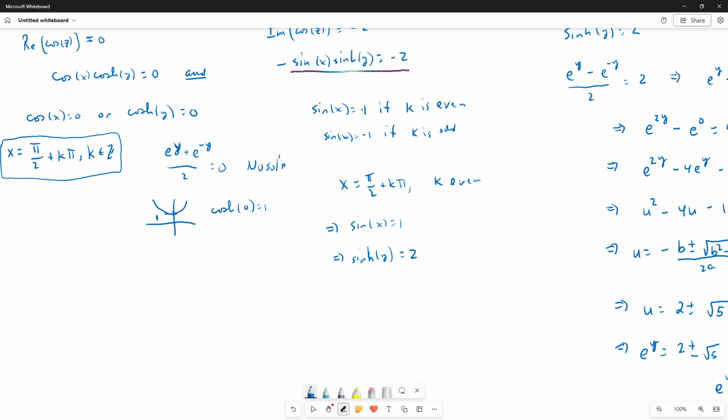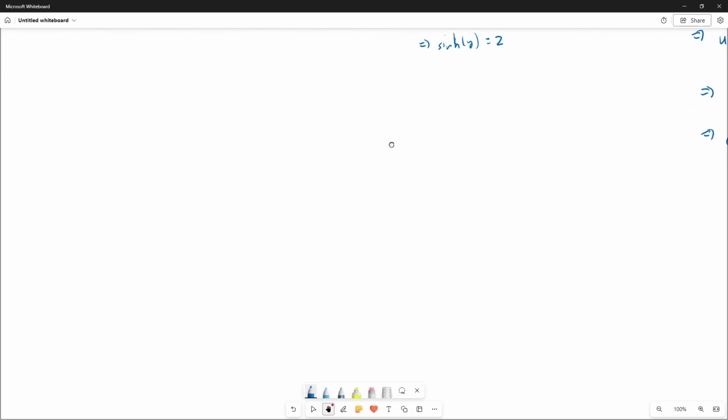And we considered the possibility that sine x was equal to 1. So now we have to consider the possibility that sine x is equal to negative 1. So let's write that equation down again here. It was sine x times hyperbolic sine of y equals 2. I removed the minus signs.